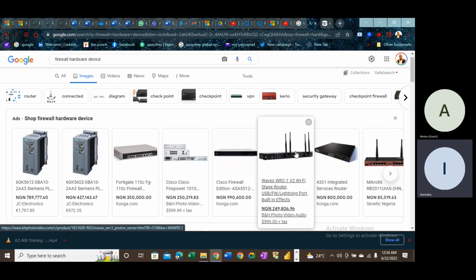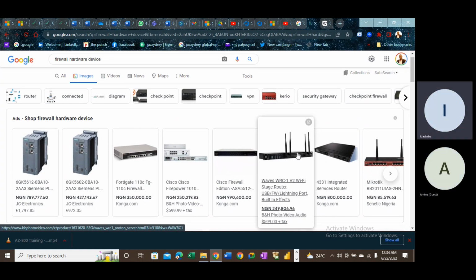Can you see the way they look? This one even looks like your router. So if you look at it, they are all basically similar. This storage server looks like a blade, looks like a switch.